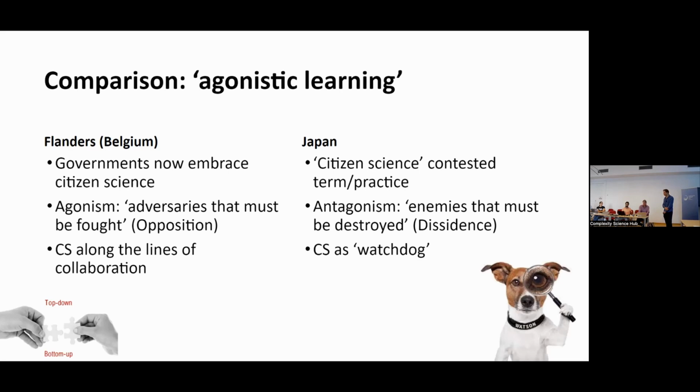Citizen science is a contested practice, and so is citizenship. In the nuclear area specifically, citizenship has the connotation of being anti-government, anti-nuclear, going against the established order, and that does not resonate well with Japanese policy culture. Right?